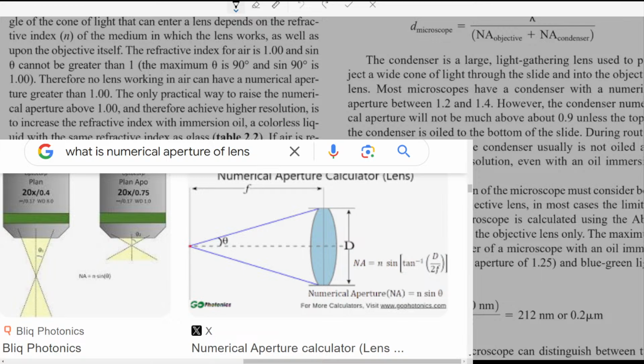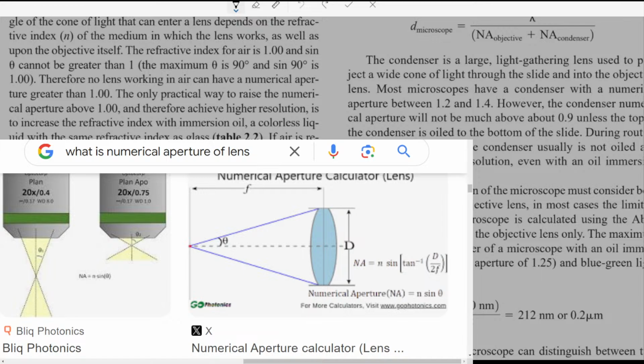If the air is replaced with the immersion oil, many light rays that did not enter the objective lens due to reflection and refraction at the surface of the objective lens and slide will now do so. Yeah, we know there is a reflection that occurs through glass. So if you remove the reflected light, it will turn into refracted light as well, and the quantity of the light will increase.